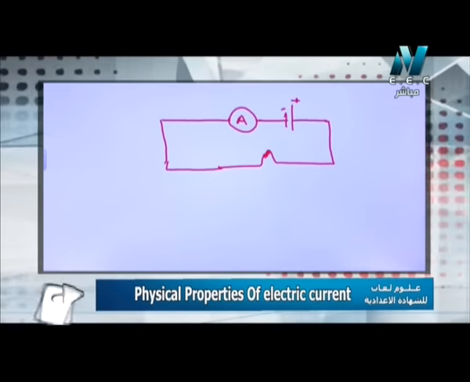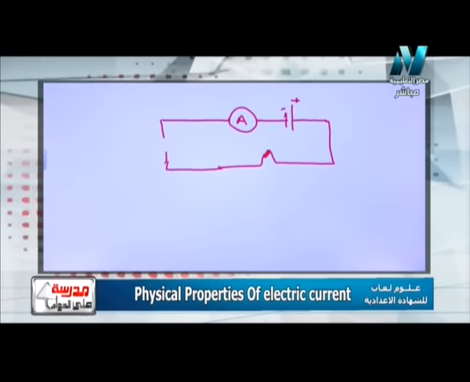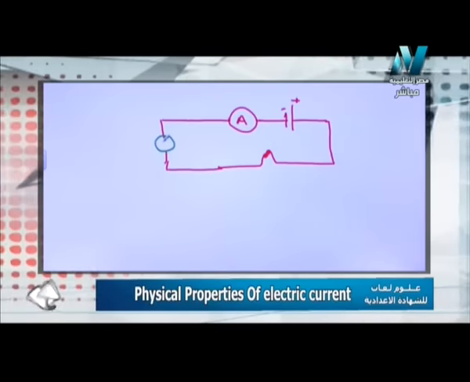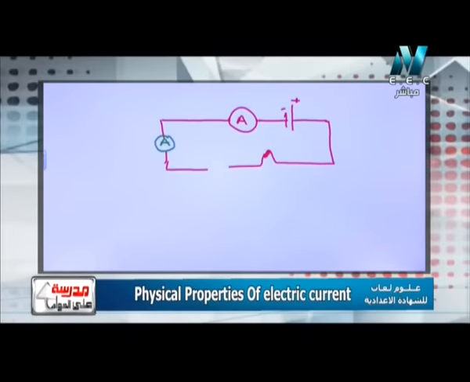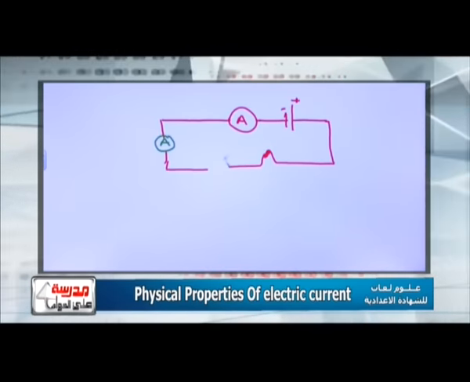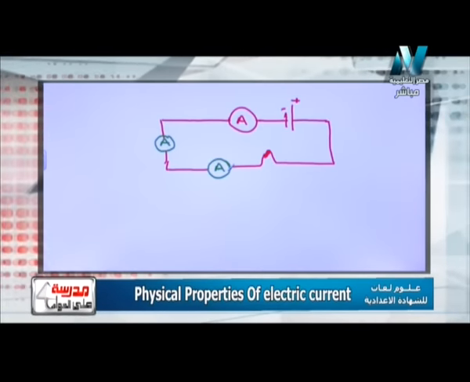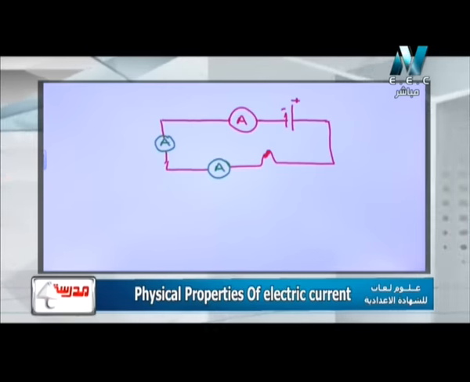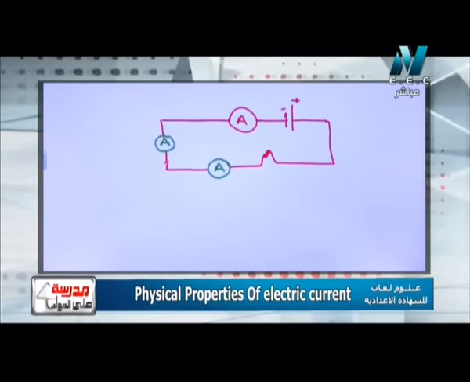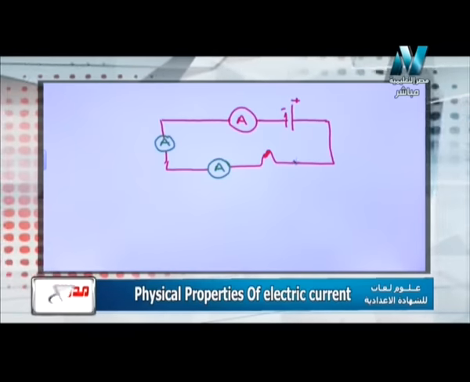Some students may ask me, can we change the place of a meter? يعني we can draw a meter here. Maybe here. Okay, but we can't draw a meter outside the electric circuit. ما ينفعش ارسمه بره. How come? Like that, يعني احطه كده مثلا in this place.